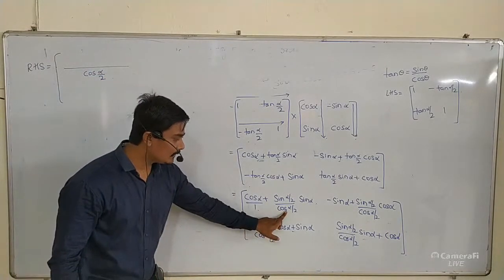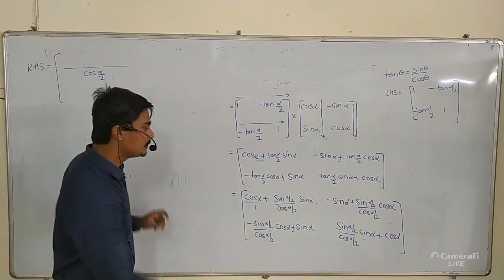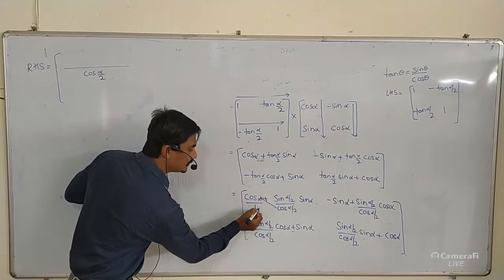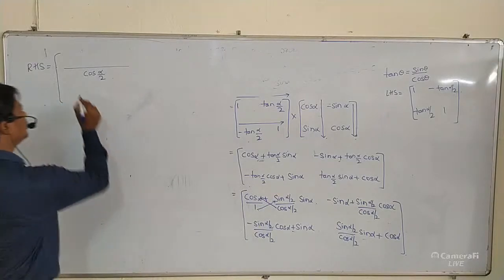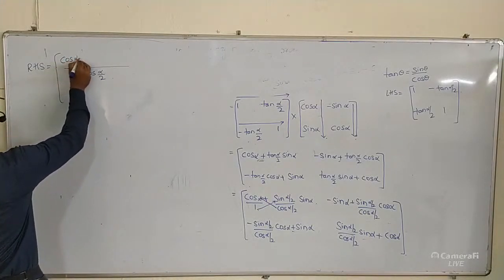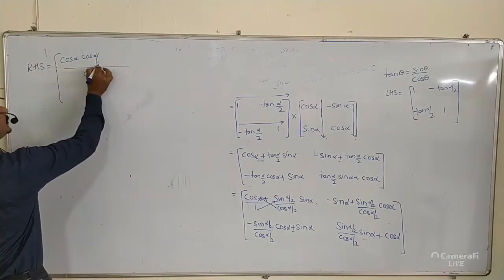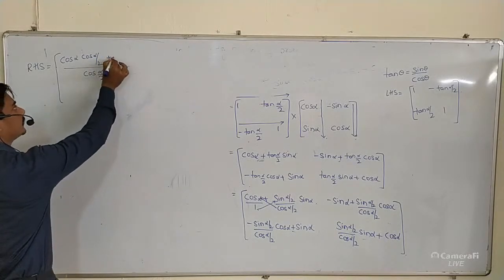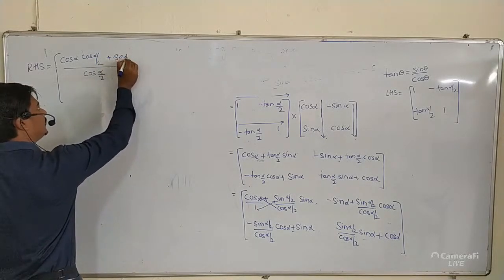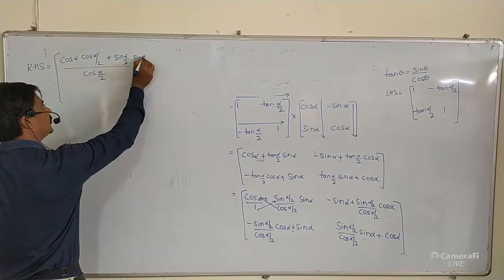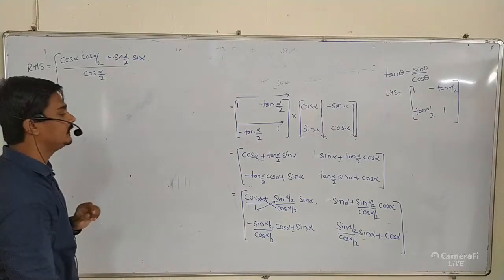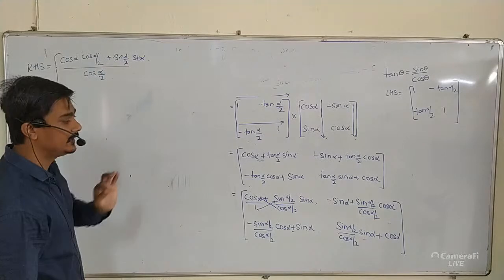If I take cos alpha by 2 as the LCM, multiply these two terms now. So cos alpha into cos alpha by 2 plus sin alpha by 2 into sin alpha. On taking cos alpha by 2 as LCM, this becomes the numerator.